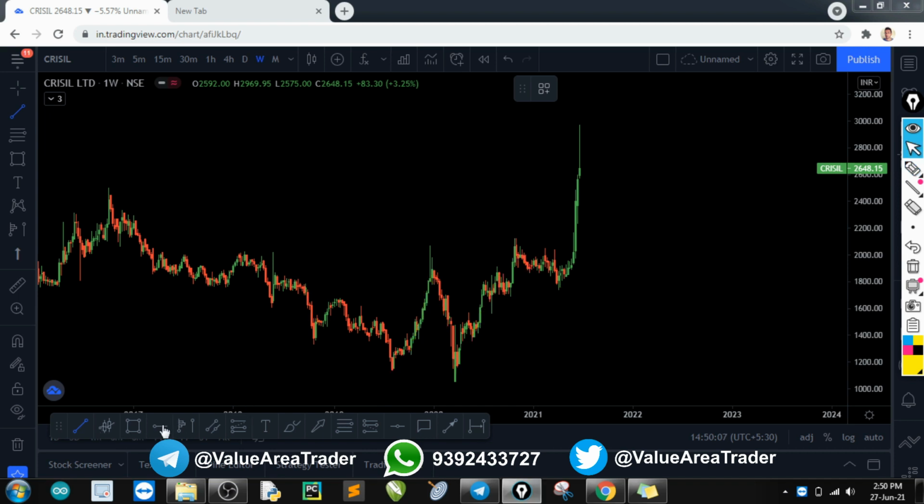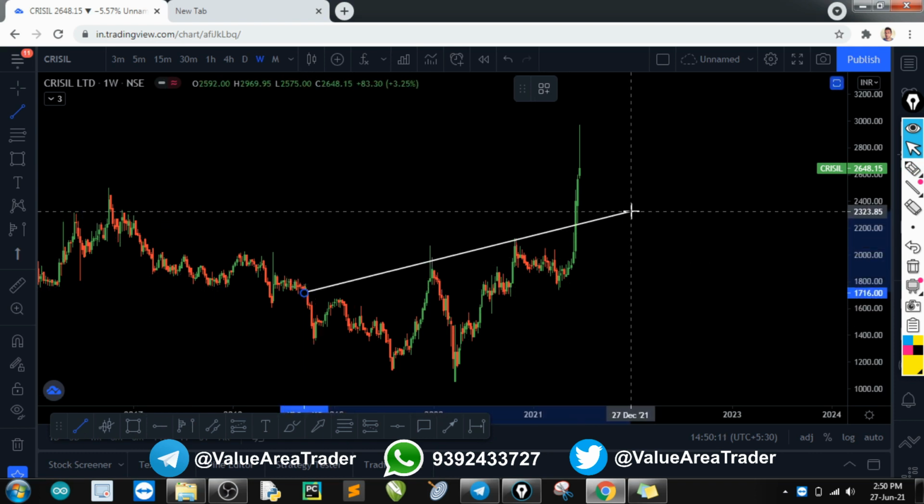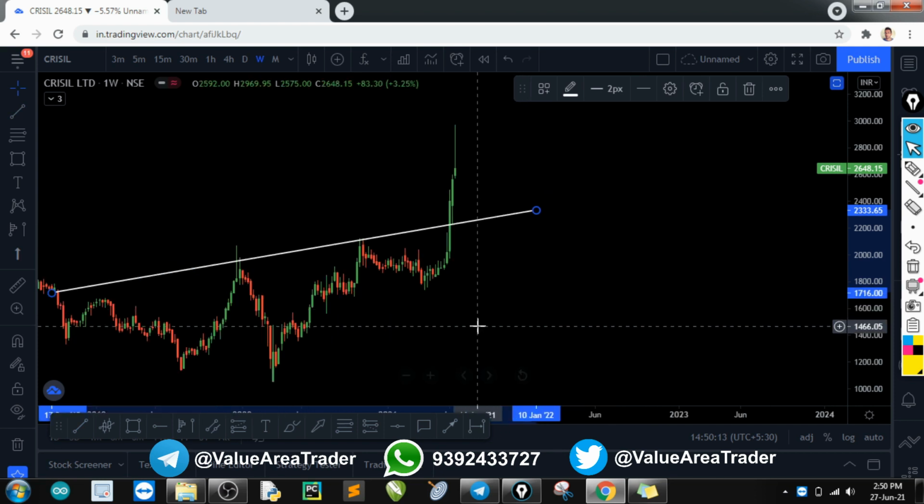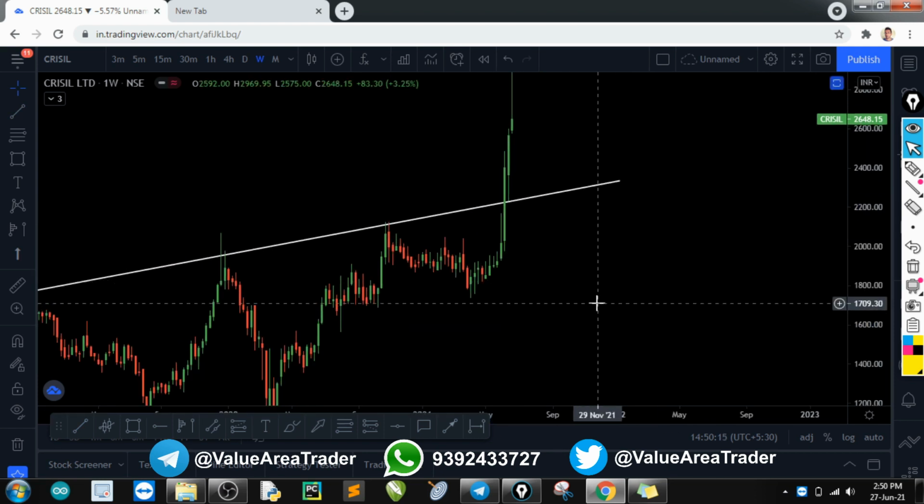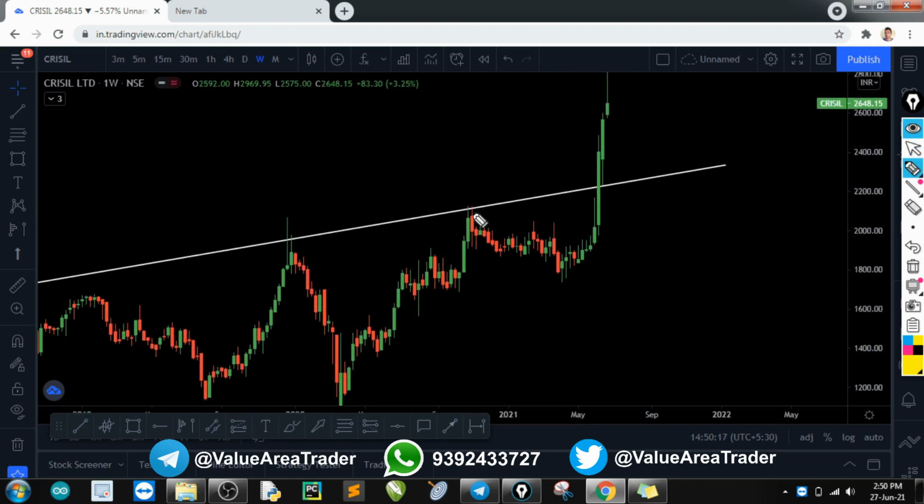So what I would do, I'll just make a neckline like this. Where could my entry have been? My entry would have been this point. This is a channel, so the point where it breaks the channel is my entry, and my exit would be somewhere here on the neckline.